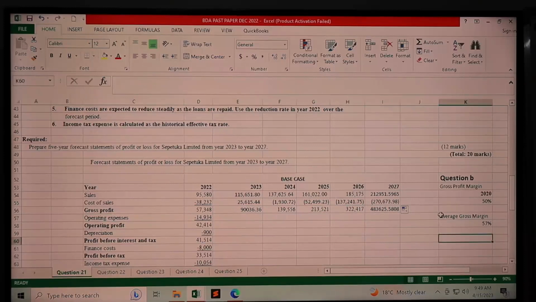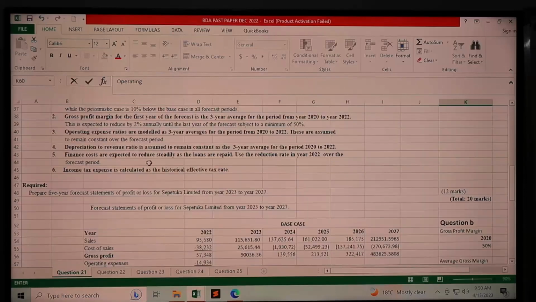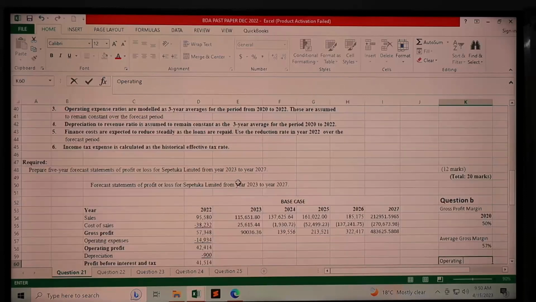You type there operating expenses. It's always better to show you are working. We're calling it the operating expense ratio. This ratio is what you're supposed to compute there.